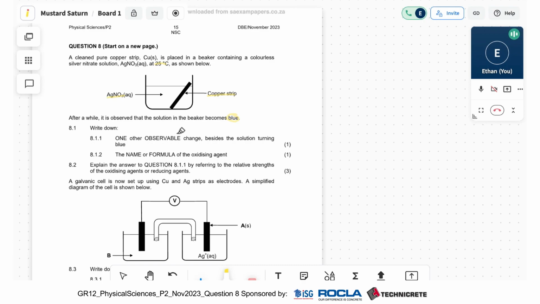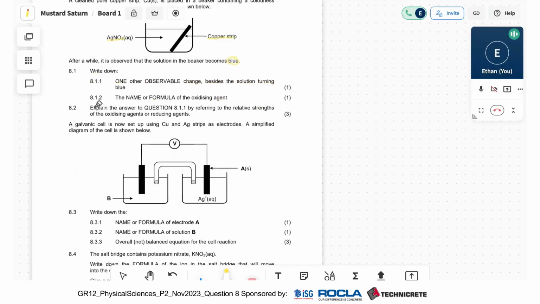Also, the copper strip could become silver plated if the silver deposits on this copper strip as a substrate. So those are some of the answers you could see, but the most obvious one is definitely that we expect the copper strip to get thinner, to lose mass as the copper goes into solution.